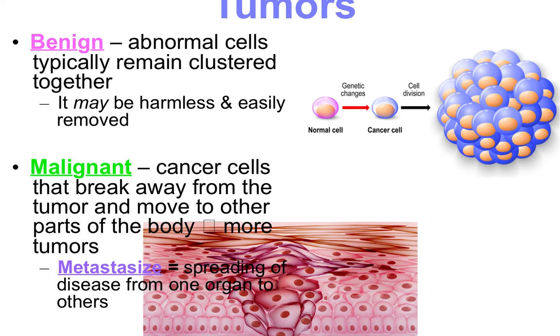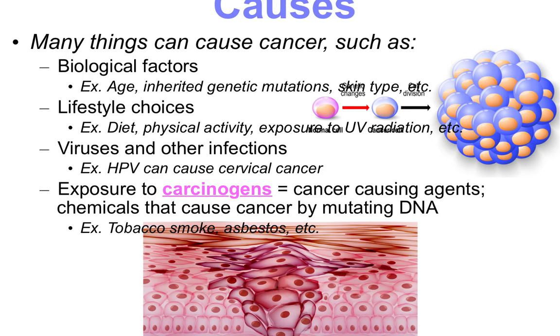It's very serious. Now, why does this happen? Research has many reasons of what they think causes cancer. Some of them are just biological, like you inherited the genetic mutation that causes this type of cellular division to happen.